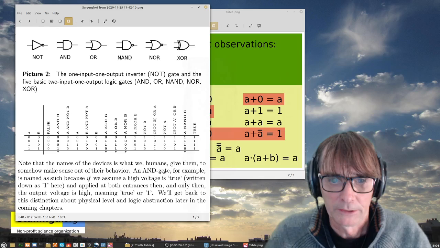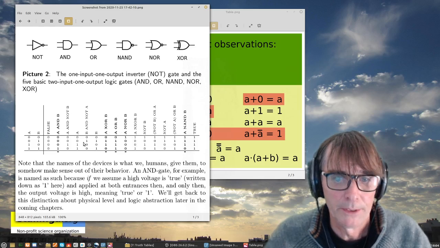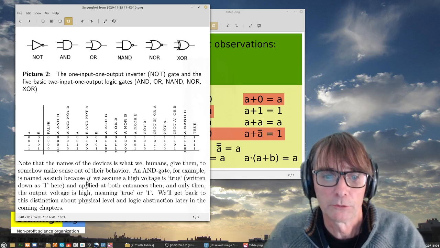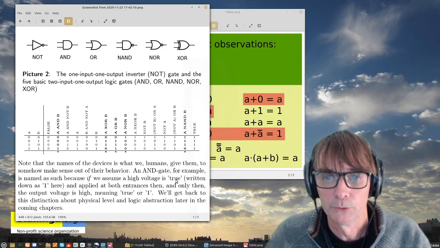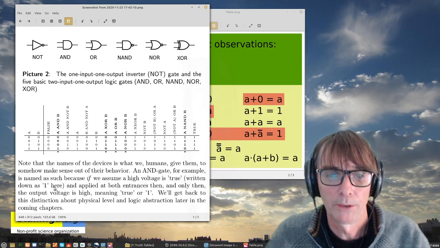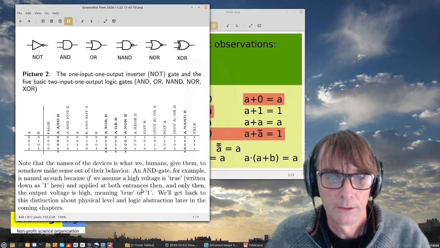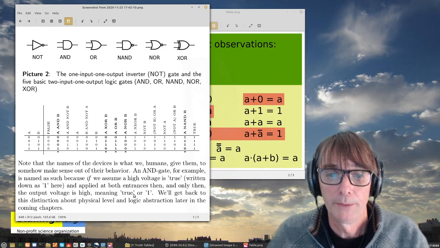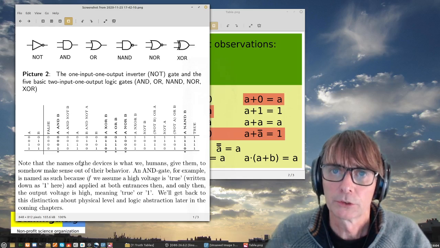For example, this AND gate, A and B, is named as such because if we assume a high voltage is true, written down as 1 here, and applied at both entrances, then and only then the output voltage is high too, meaning true or 1. So we could also use other logic.